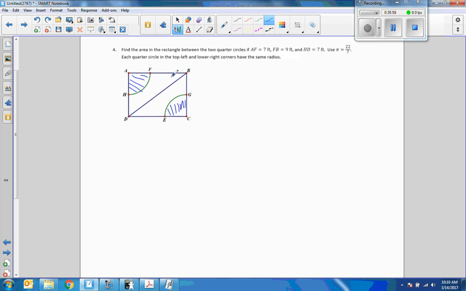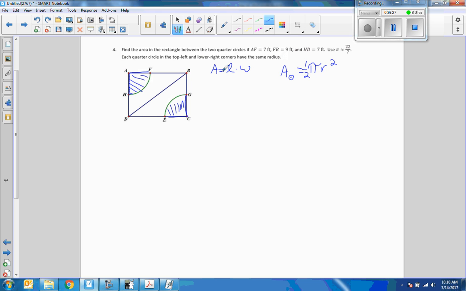So if we cut that out, we're looking for the area of this shape right here. Area of a rectangle is length times width. And the area of a circle is pi r squared. This is a quarter circle. This is a quarter circle. So this is a total of a half a circle that we're looking for the area of. So that's the first thing we do.